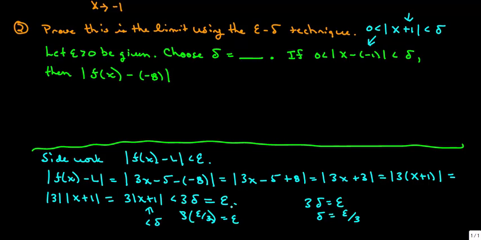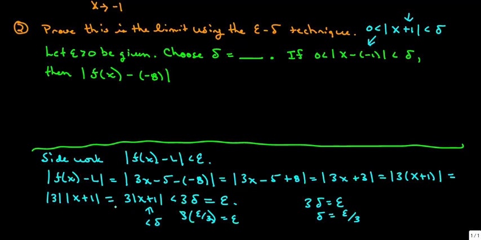So the trick here is to first write your f of x minus L, work it all the way out, and make it look like this up here as best you can. Now you're usually going to have a number out in front, and notice that this number is the slope. So when you're doing linear ones, this number up front will be your slope, or rather the absolute value of your slope.